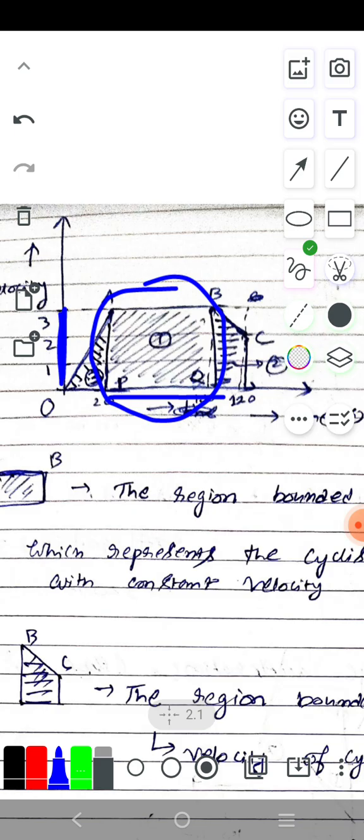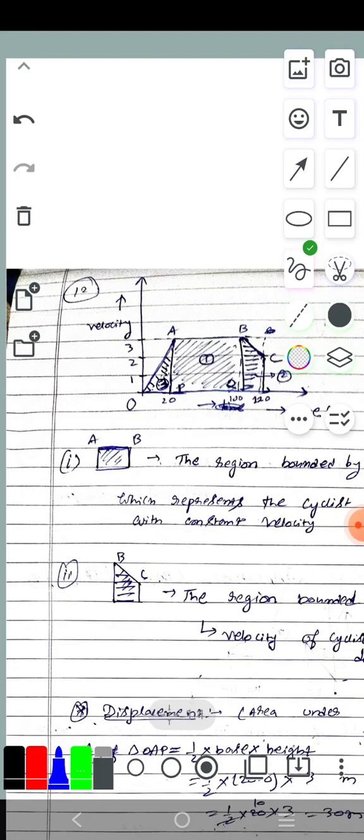Can you observe? Velocity is only how much? 3 meter per second. And one more thing, from 100 second to 120 second, in this time period, velocity is decreasing. See this portion. In this rectangular region, the time period is 20 to 100 second, and velocity is the same, 3 meter per second, all the time.